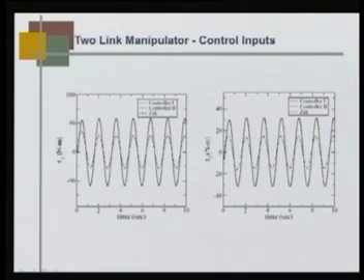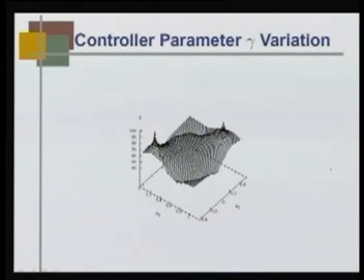And this is the control input tau 1 and tau 2, which is very smooth. And for the controller parameters, you see how the controller is varying at different operating zones theta 1 theta 2. It is not a flat surface, it is not constant, it is varying.